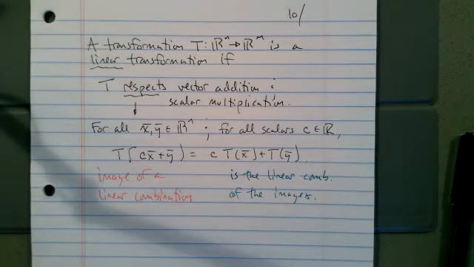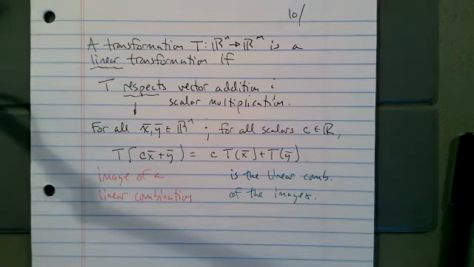That's the extra requirement for a transformation to be a linear transformation. The image of a linear combination is the linear combination of the images. That's what makes a transformation a linear transformation.